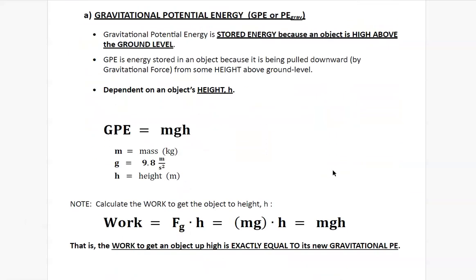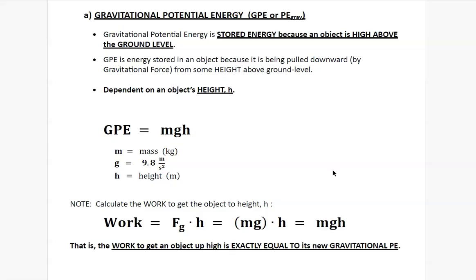So gravitational potential energy is stored energy because the object is high above the ground level. It's not at its most stable position. Falling down to ground level would be its most stable position. So anything above ground level is considered somewhat unstable, and therefore that is energy added to the system.